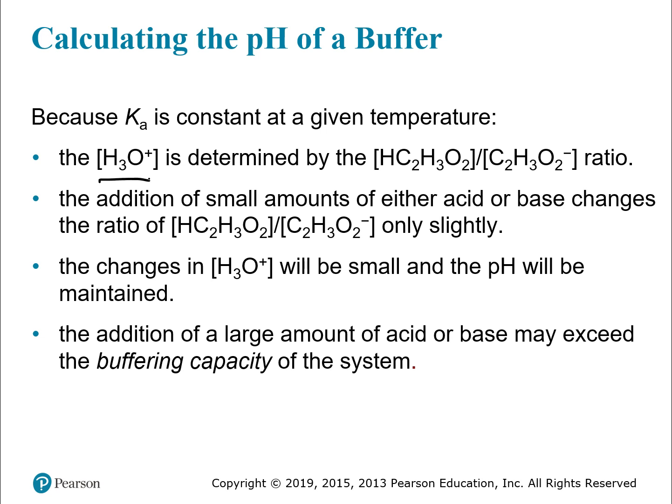When you add a little bit of acid or base, it doesn't really change the ratio that much. If you add a large amount of acid or base, then you can exceed what's called the buffering capacity of the system. Each system can only handle a certain amount of acid or base before it can no longer buffer, and you're going to see a drastic change in pH when you add more acid or base.